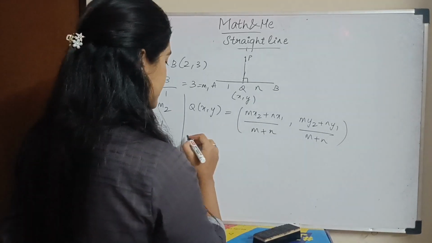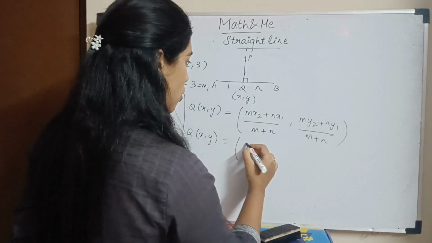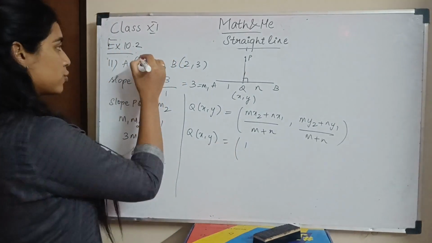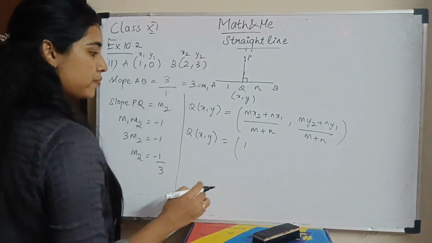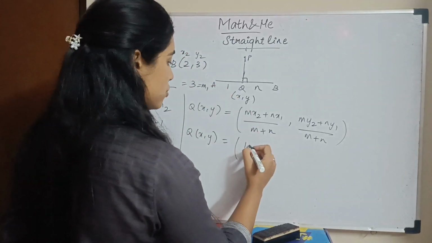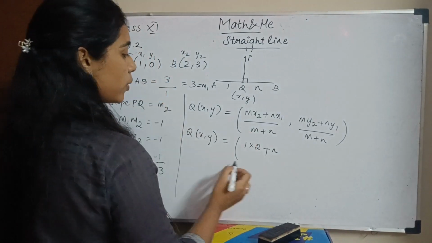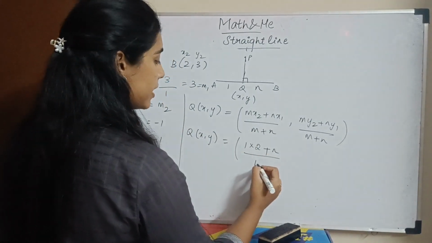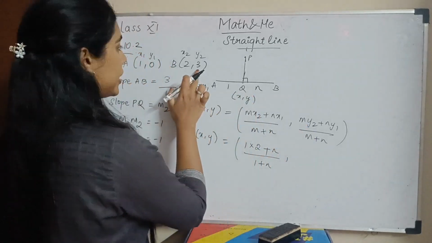When you find the point Q and you have a slope, you can find the equation of the line PQ. Okay, so let's find the coordinates of Q. So this is x1, y1, x2, y2. So 1 times x2, which is 2, plus n x1, divided by m plus n, comma, m y2. What is y2? 3.